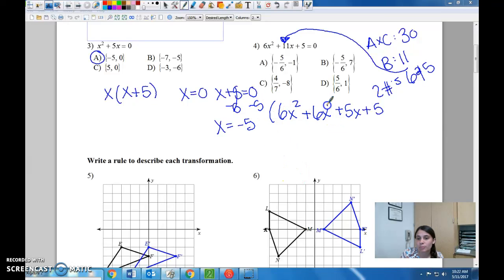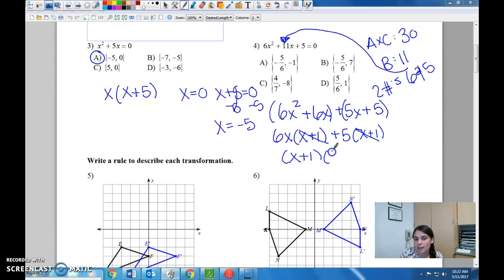So once I've set it up like that, I'm going to go ahead and group both sides. So over here, I can factor out a 6 and an x, and I'm left with x plus 1. And over here, I can factor out a 5, and I'm left with x plus 1. So because my parentheses match, I can pull out that x plus 1, and I'm left with 6x plus 5.